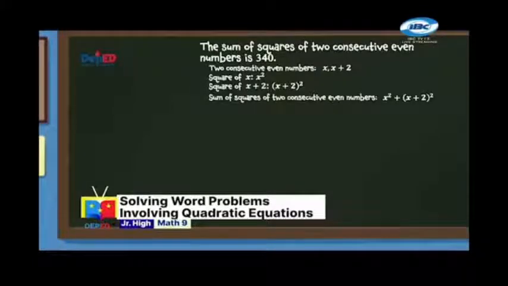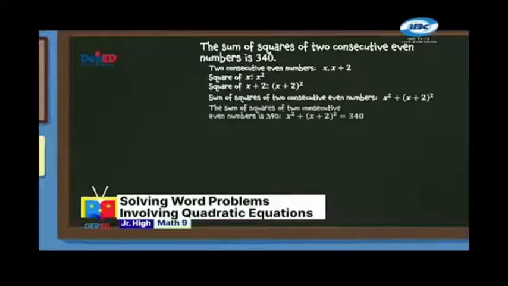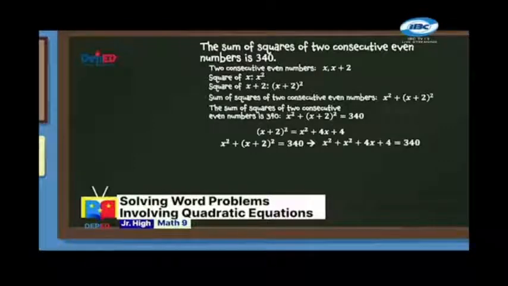Since the result is specified to be 340, x squared plus the quantity x plus 2 squared must be equal to 340. Hence, the equation x squared plus the quantity x plus 2 squared equals 340. And since the quantity x plus 2 squared is equal to the trinomial x squared plus 4x plus 4, we can rewrite the equation as x squared plus x squared plus 4x plus 4 equals 340.